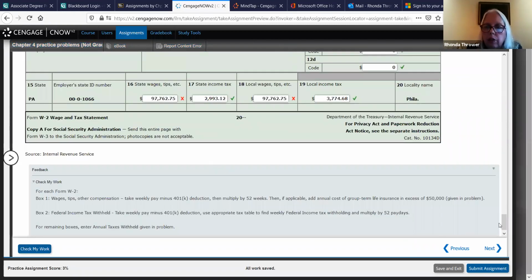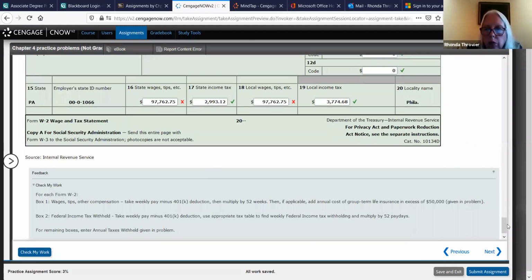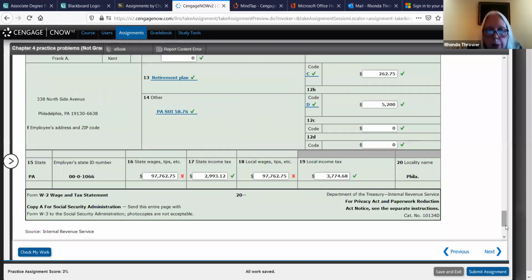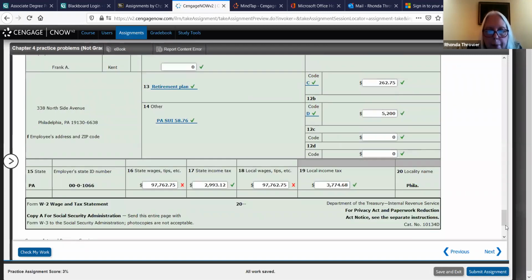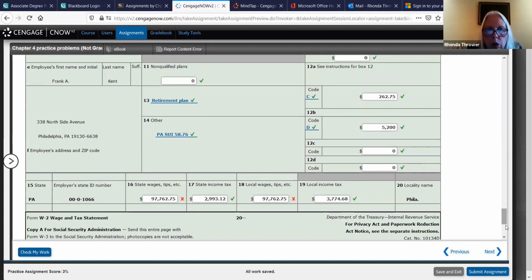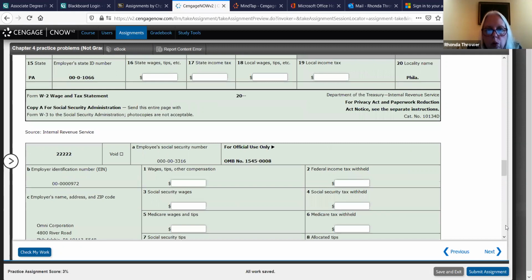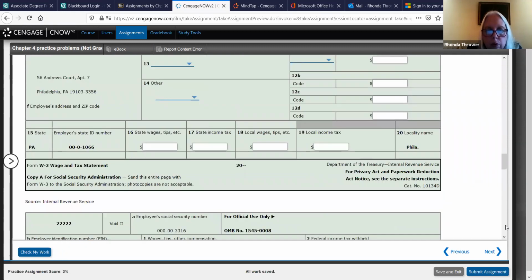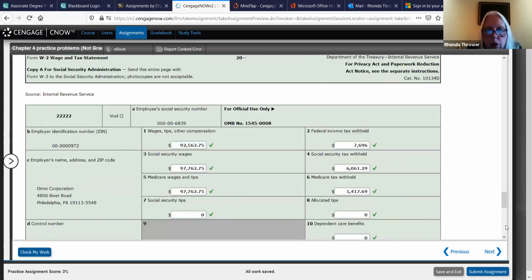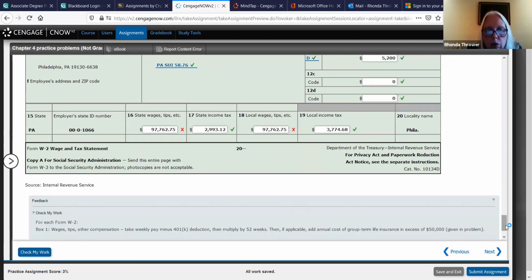And it looks like I've entered the wrong amount for the state wages. Okay.